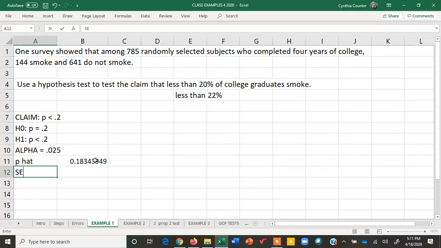The standard error of the sampling distribution is the square root of p, 0.2. We use the p from the null hypothesis.